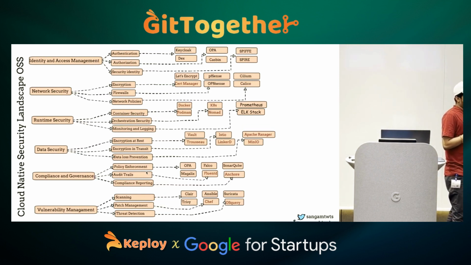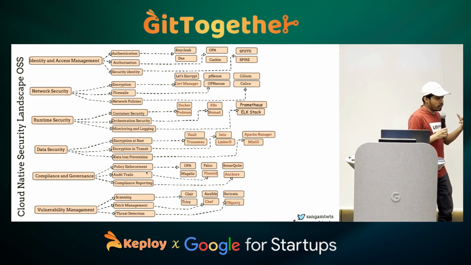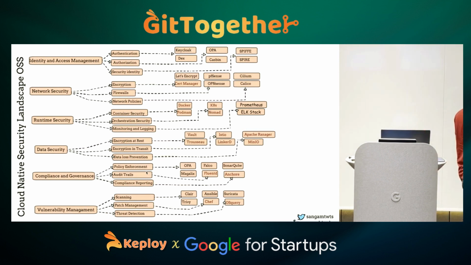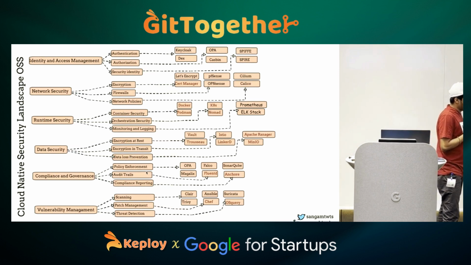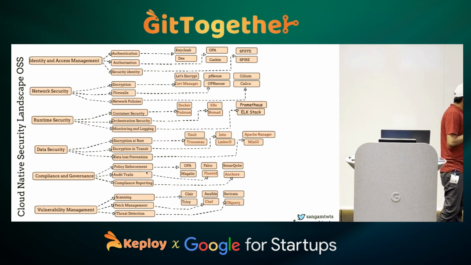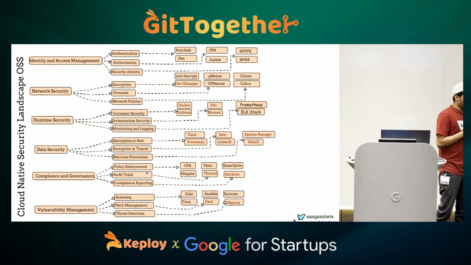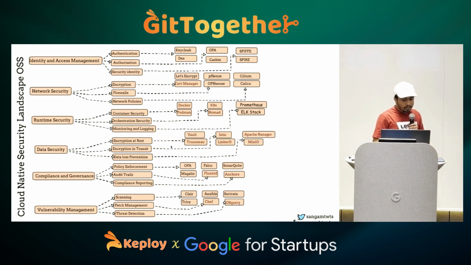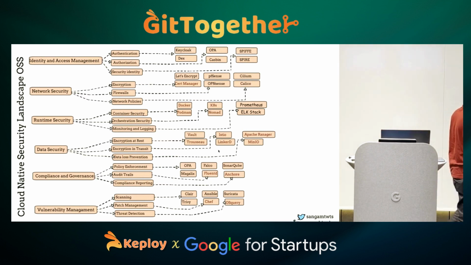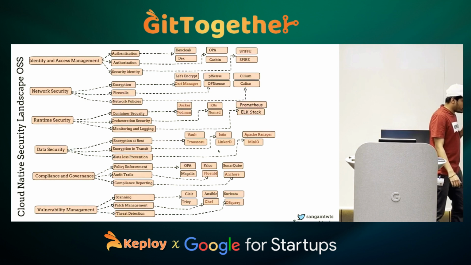So you need to check runtime security. It's not just scanning your YAML files. Another is data, whether the data is secure or not. And there is compliance and governance. You need some kind of policies around what to allow. So you should follow those kinds of practices. And another is vulnerability management.